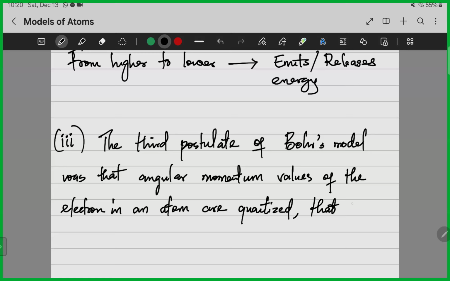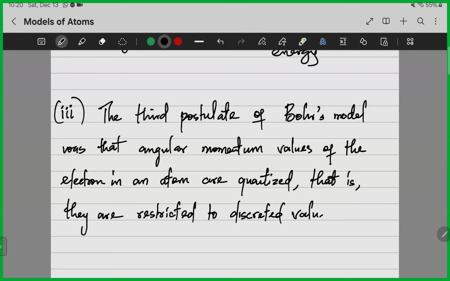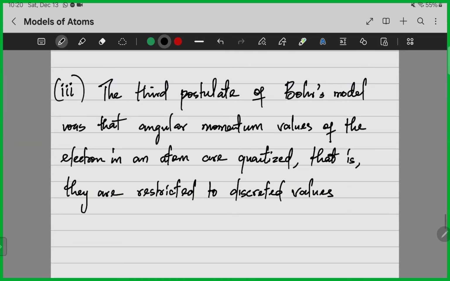That is, they are restricted to discrete values. And when we say angular momentum values, we're talking about L. They are represented as L.